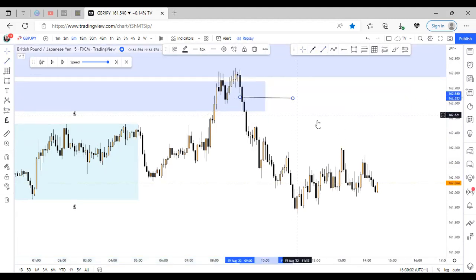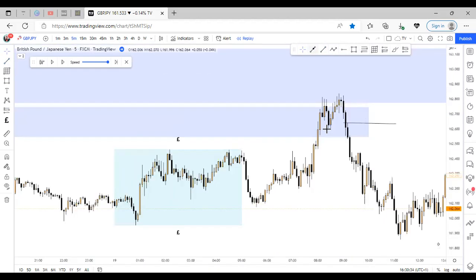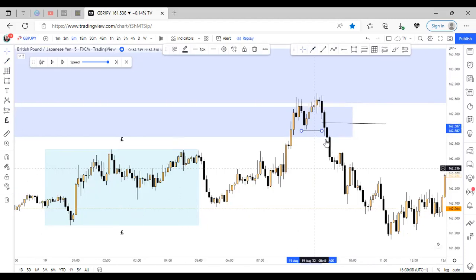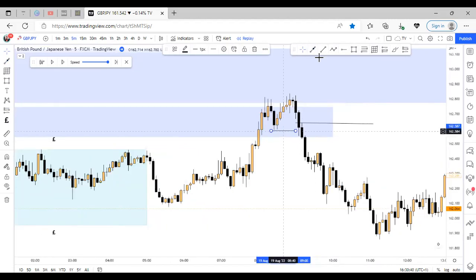Why did I take the sell right here? I took the sell because we broke this last low on the 5 minutes time frame. Now this is a minor break of structure, because this is a small low that gave us this last high. Now we're broken below it and we have a little retracement. Okay, so now this becomes my new supply zone.